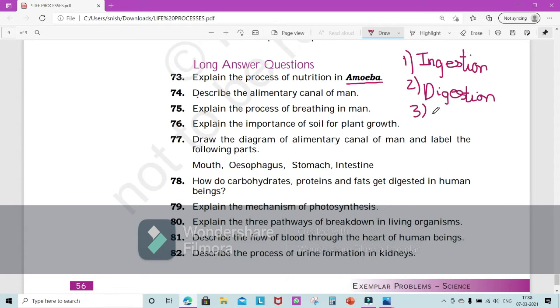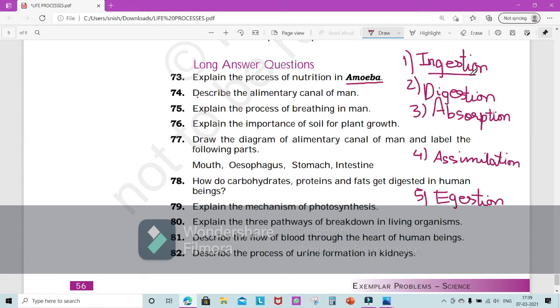Ingestion, digestion, absorption, assimilation, and excretion. That's the 5th point, right? You can also call it egestion. So go for egestion. It's going to be ingestion, digestion, absorption, assimilation, and egestion.